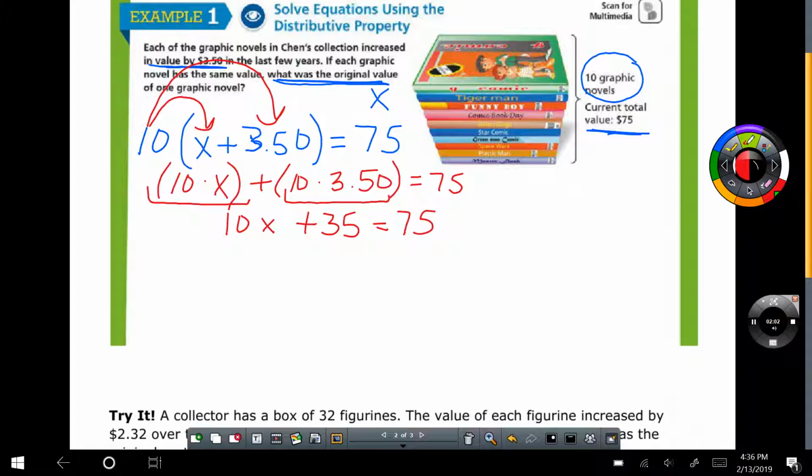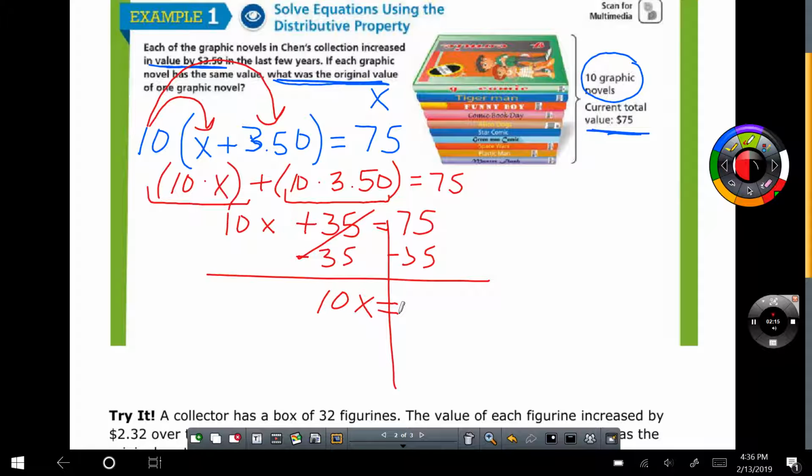We need to get rid of the extra $35, so we're going to subtract 35 from both sides. 35 minus 35 becomes 0, so we have 10x equals 75 minus 35 is 40. And then to undo the 10, we're going to divide both sides by 10, and we get x equals 4. So the original value of each comic book, or graphic novel, was $4.